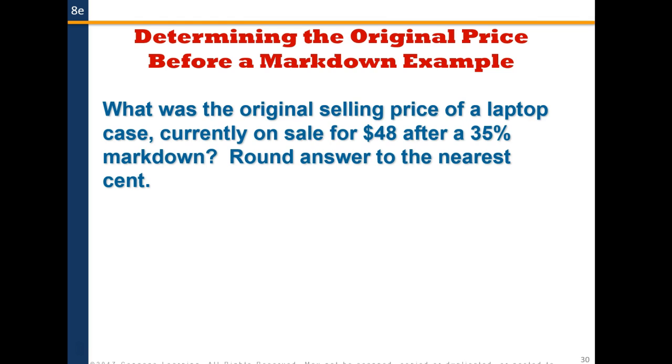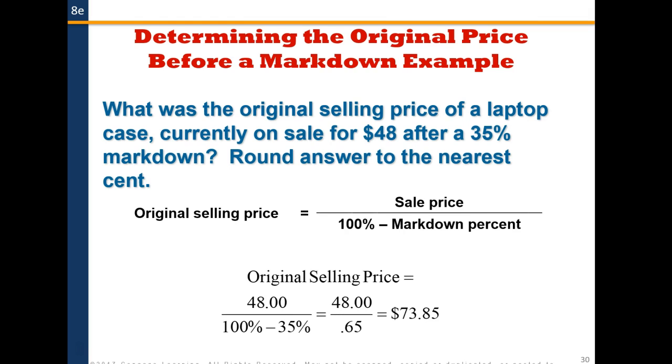So we are looking for what the original selling price of the laptop case was. Just round your answer to the nearest cent. We're going to use this equation. The sale price is $48, a 35% markdown. We plug it in. We find out that the original selling price was $73.85.